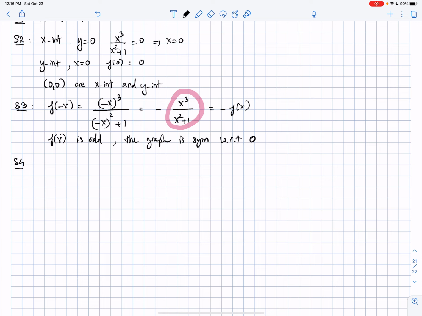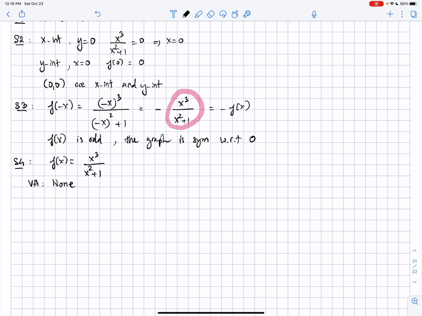Step number 4, we find the asymptotes. So f of x equals x cubed over x squared plus 1 in the bottom. To find the vertical asymptote, we look for 0 in the denominator, but the denominator will never be 0, so none.